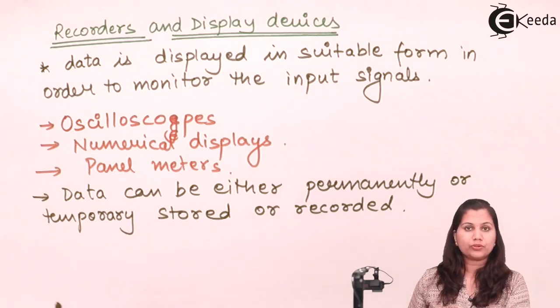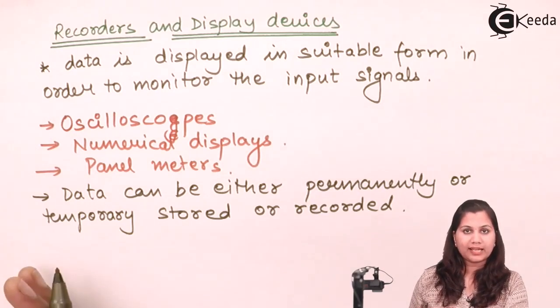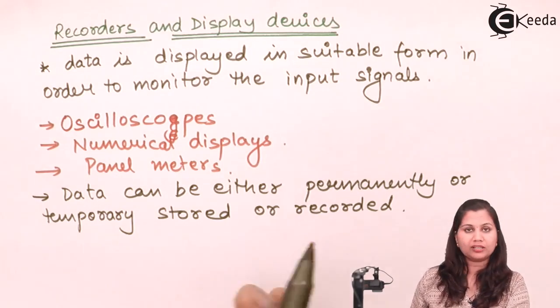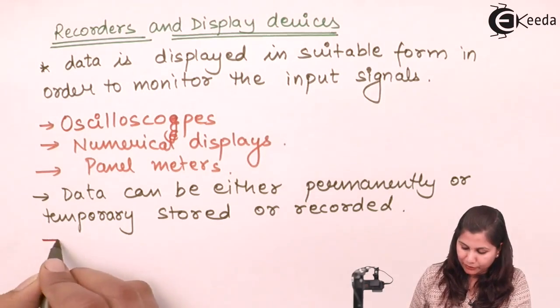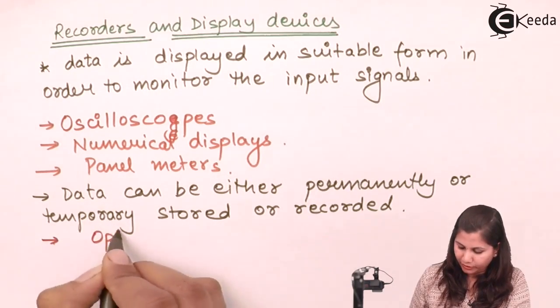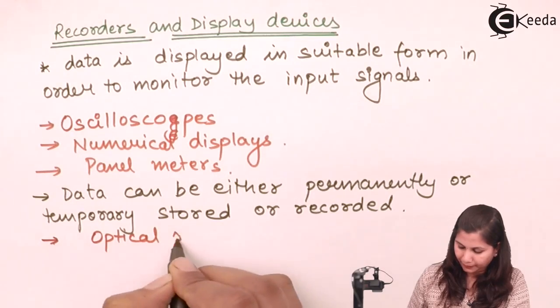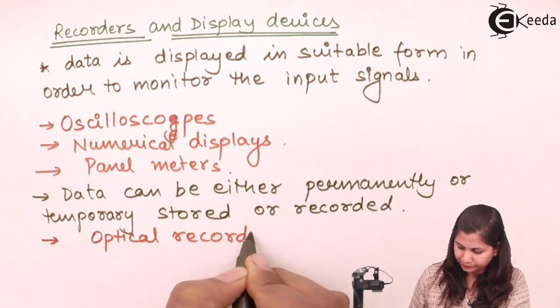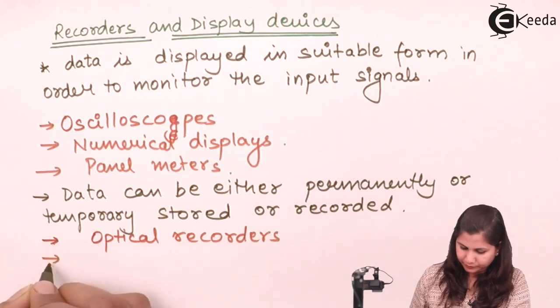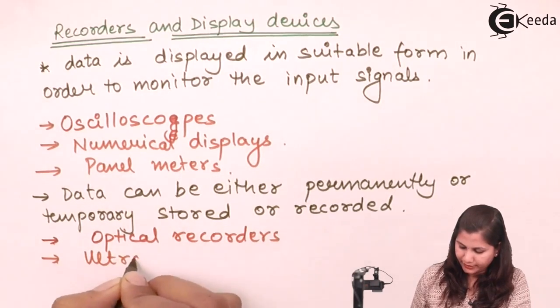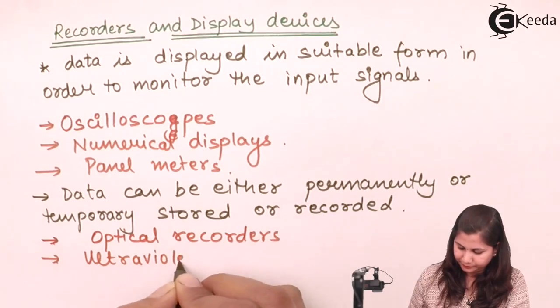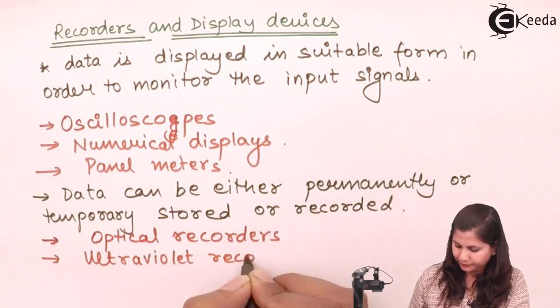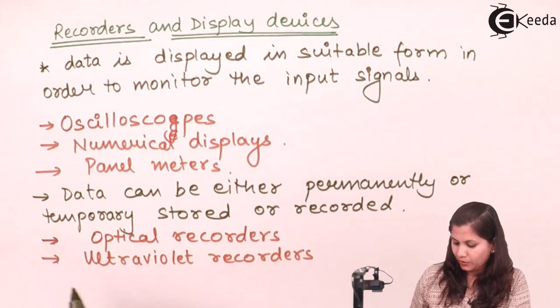So if we want to store the data, then storage devices can be used. If we want to record it, recorders can be used for that purpose. So various elements are used. Examples of such are optical recorders, ultraviolet recorders. Also there are stylus and ink recorders.